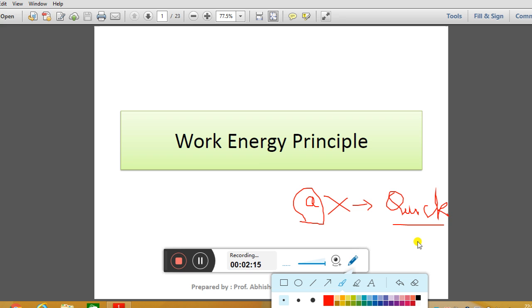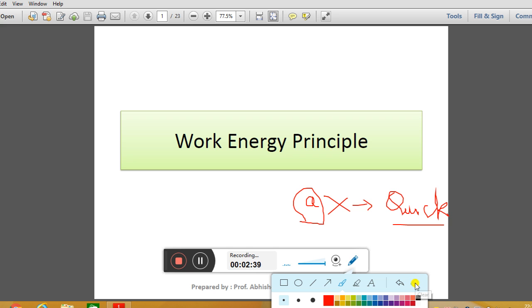This method is applicable only when only conservative forces are available in the problem. So what are conservative forces? We will discuss this afterwards.